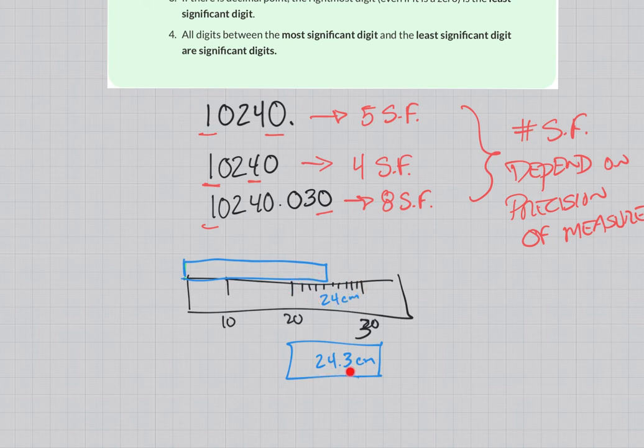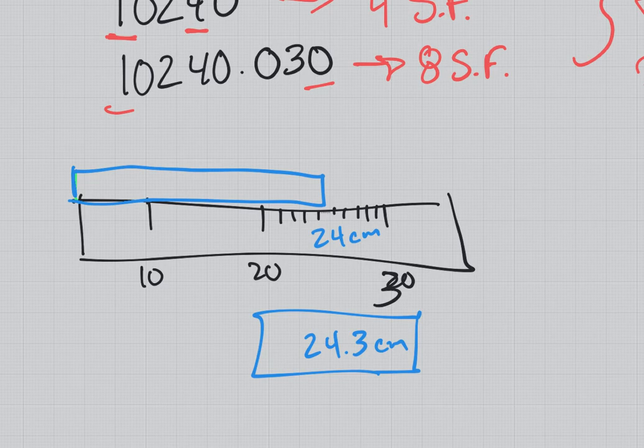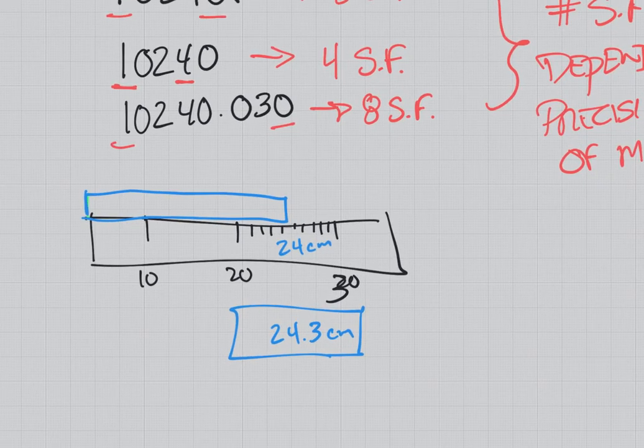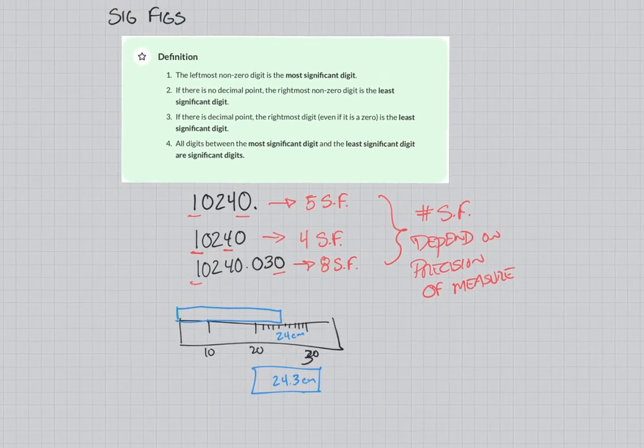And so from that, I have more significant digits. I know 20 and 4 for certain, but the 3 is kind of the guess. If I were to then zoom in and get those millimeter lines here, we could even guess more precisely: 24.32. So the number of sig figs is going to depend upon how precise our measurements are.